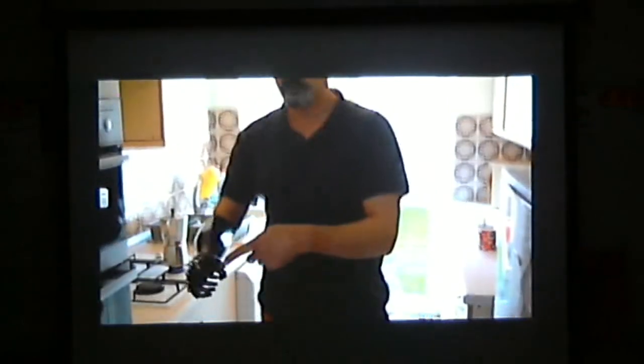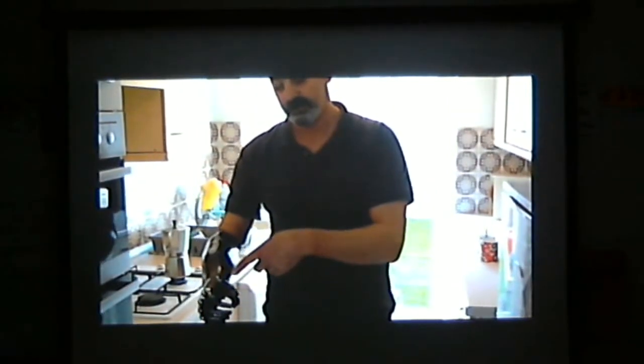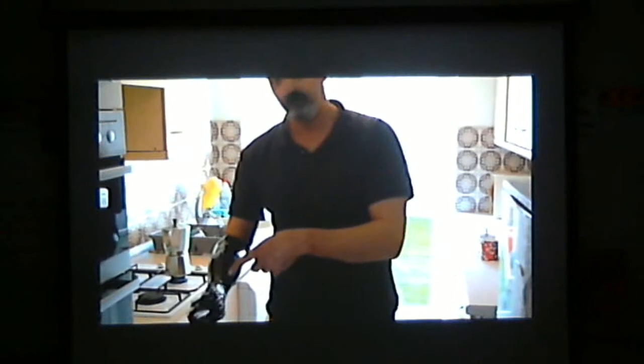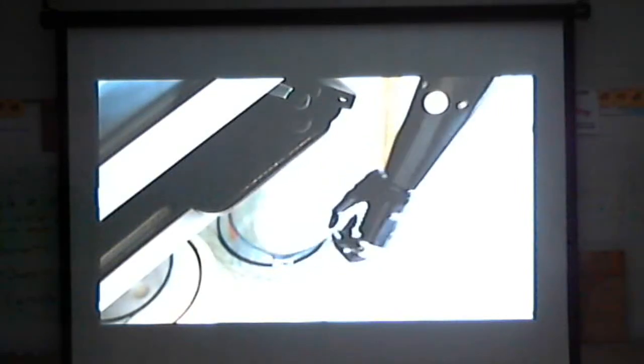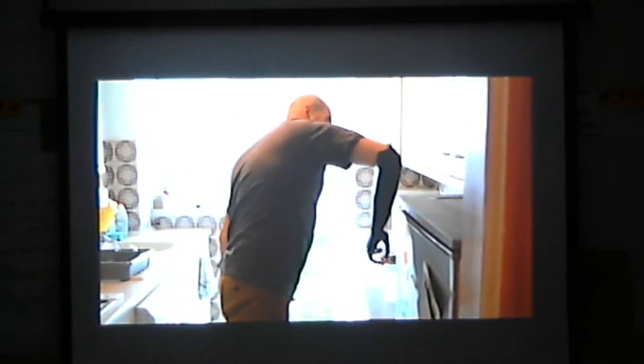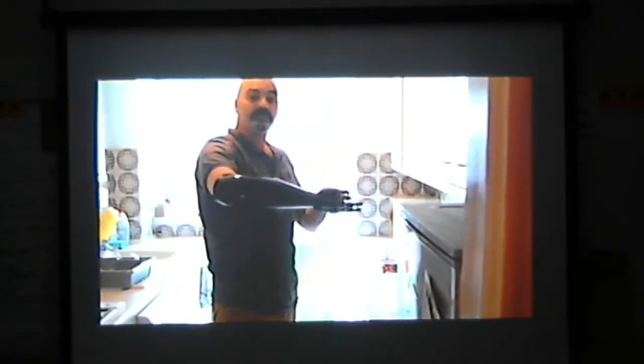So what I tend to do is I've got the wrist deactivated, so I activate the wrist, spin the wrist, which is a bit weird, deactivate the wrist, and now I pick up my jug. The good thing is now that the fingers are in this position, they hook in just nicely into the side of the fridge, which gets me to open the lid and come out from there.